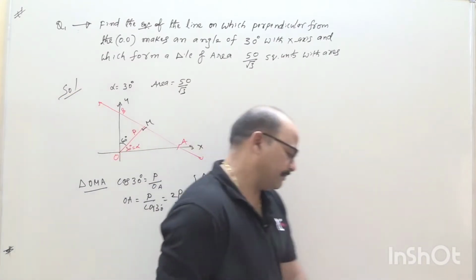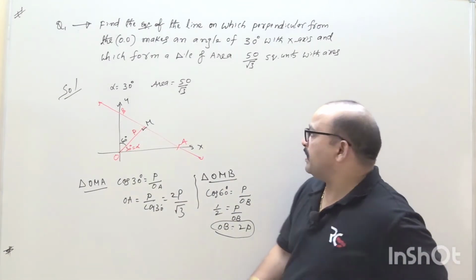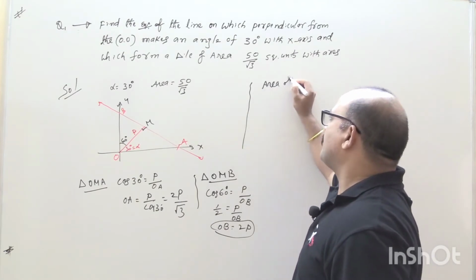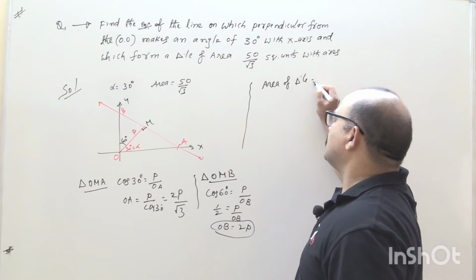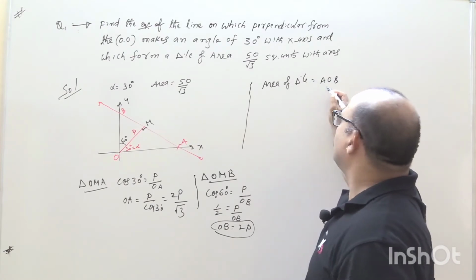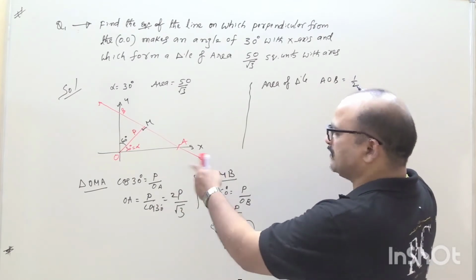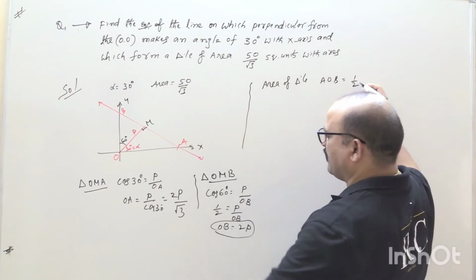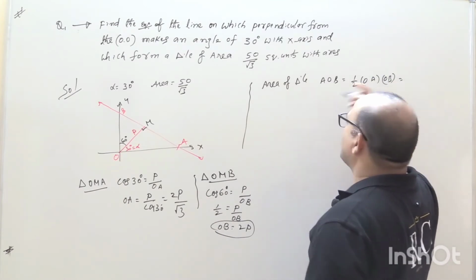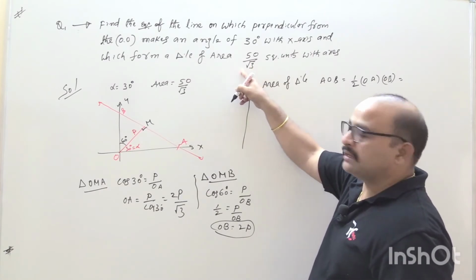Now the area of triangle AOB is given. Area of triangle AOB is equal to half into base OA into height OB, equivalent to 50 by root 3 as per the data.